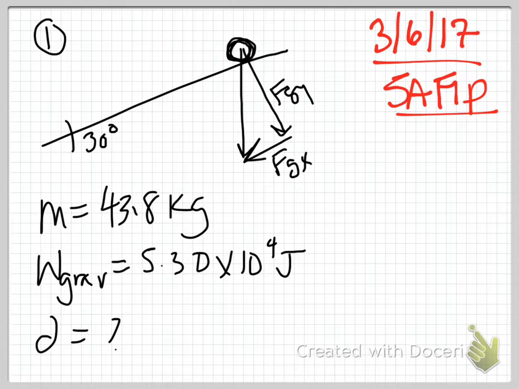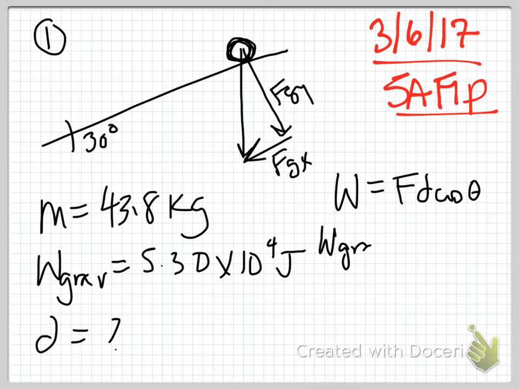So we have to take our good old work equals F d cosine theta and look at which part of that force being applied by gravity is doing work. Well, it's F of gx. So work done by gravity equals F of gx d cosine theta.